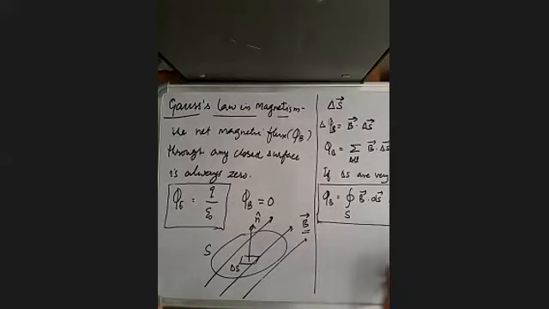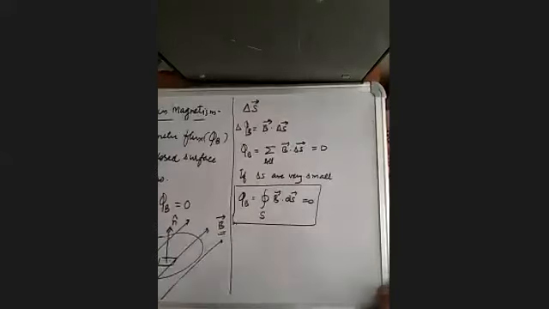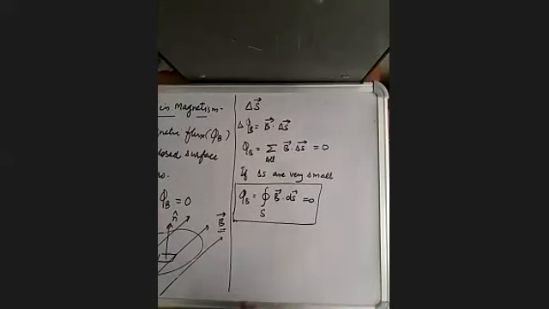So what does it mean when you say the magnetic flux is 0? That means the number of lines entering the closed surface and the number of lines leaving the closed surface is the same.